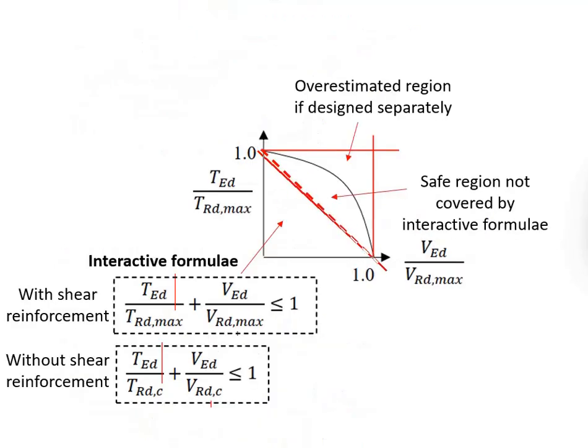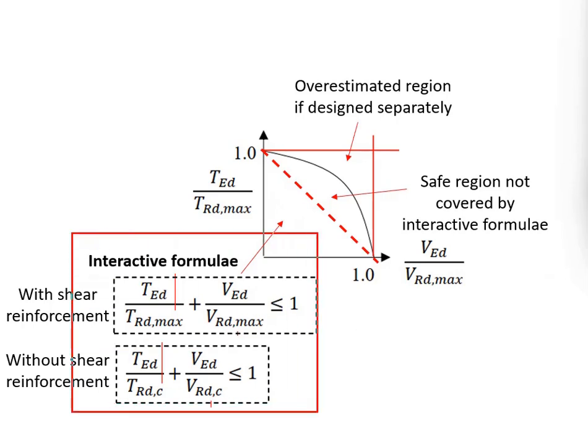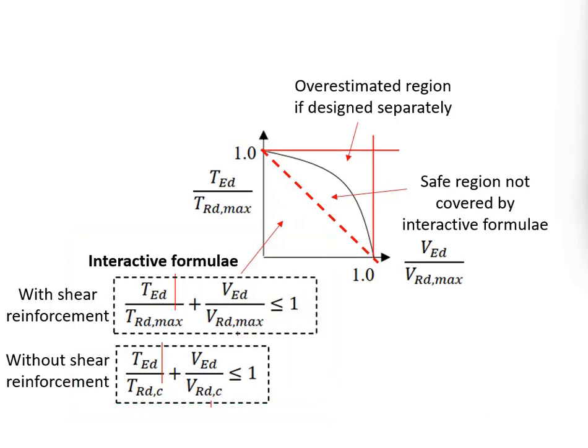Instead, it is a linear relationship. The summation of the capacity used up in the torsion versus the capacity used up in the shear is not greater than 1.0. That means the applicable region as restricted by this interactive formula is actually this area, as far as the equations are concerned.